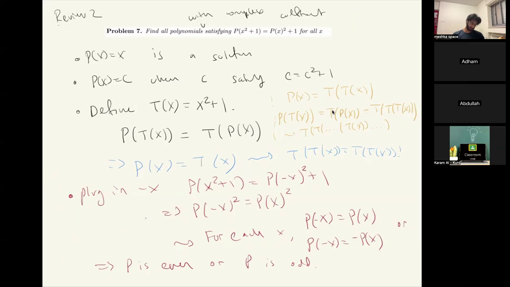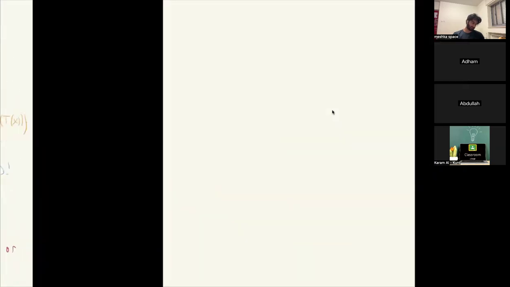Because it's weird, right? So let's go to a new page. Okay, so what does it mean when I say T of X, many times? T of X is X squared plus 1. What does it mean, T of T of X?